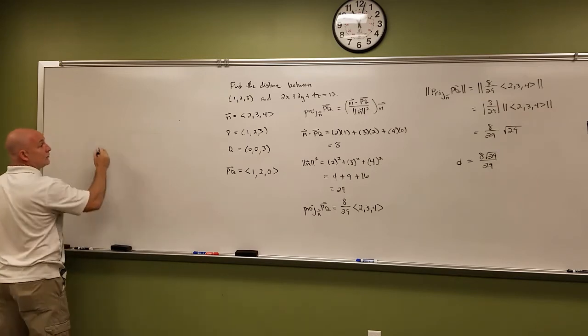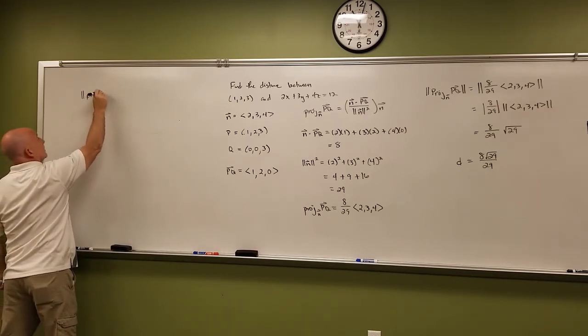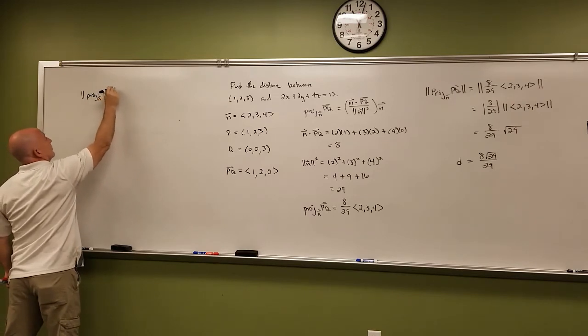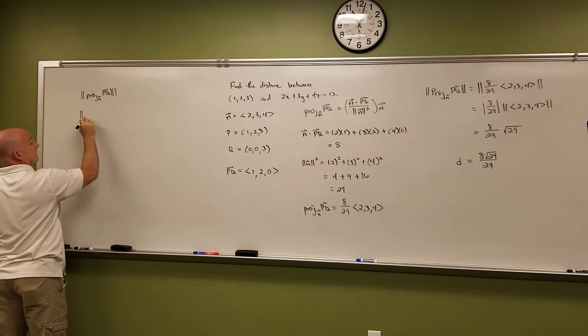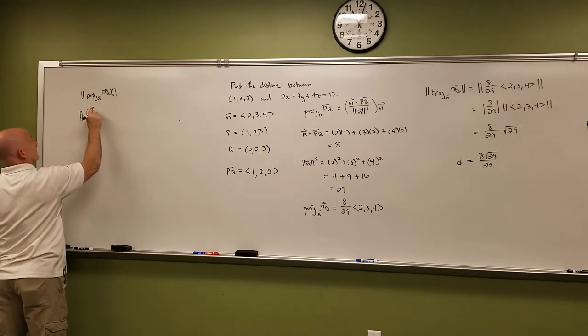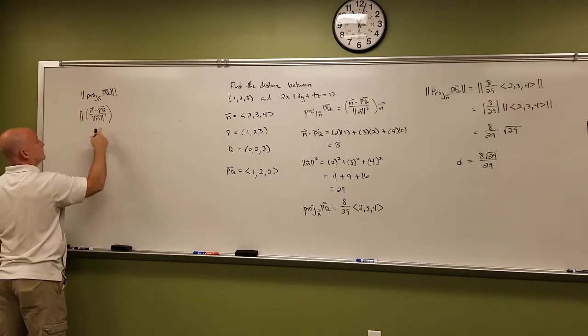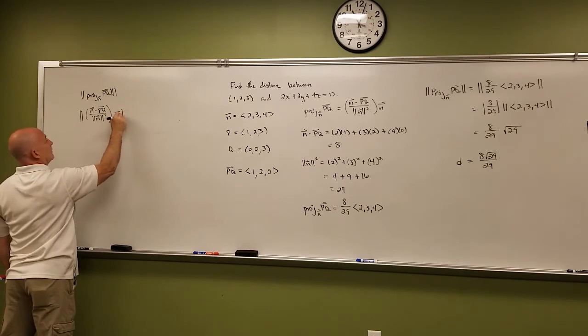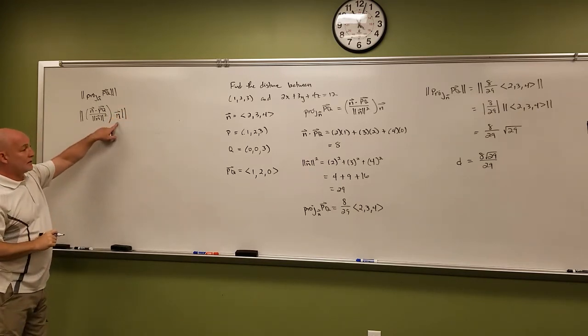If you do this, what we're actually looking for is the magnitude of the projection of PQ onto N. Well, we're told by definition that's N dot PQ over the magnitude of N squared. That's some number times the vector.